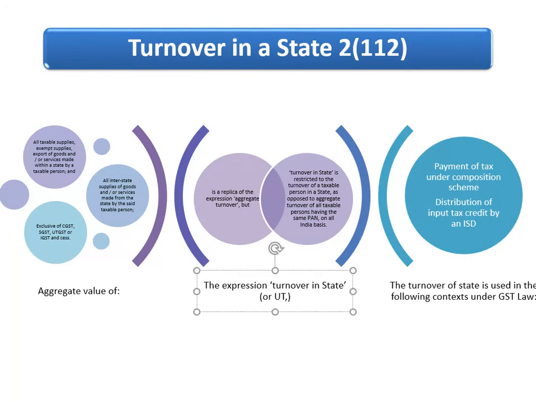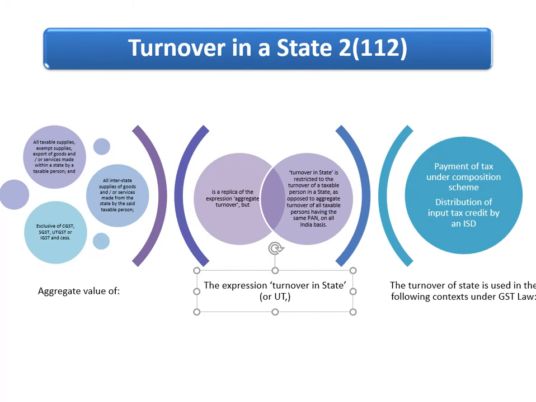The expression of turnover in state or union territory is basically a replica of the expression aggregate turnover, but the turnover in state is restricted to the turnover of the taxable person in that particular state, as opposed to aggregate turnover of all taxable persons having the same PAN on an all India basis.